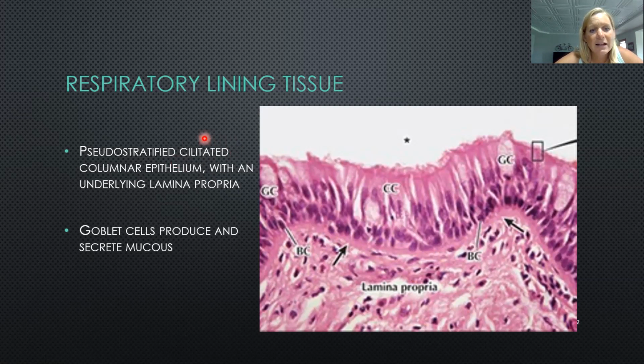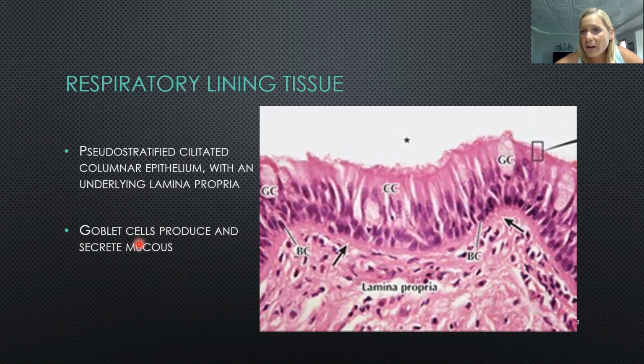We know that those cilia, those finger-like projections on the top, are going to be important for movement of mucus and other items. And the columnar epithelium, you can see here. We've also got goblet cells that are going to produce and secrete mucus.